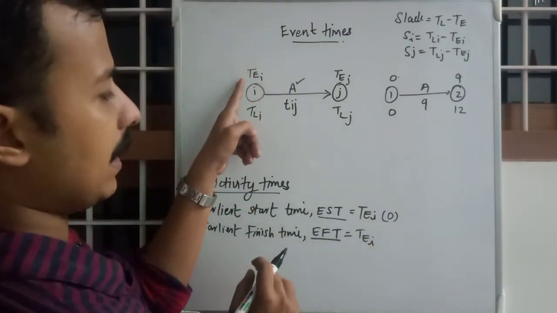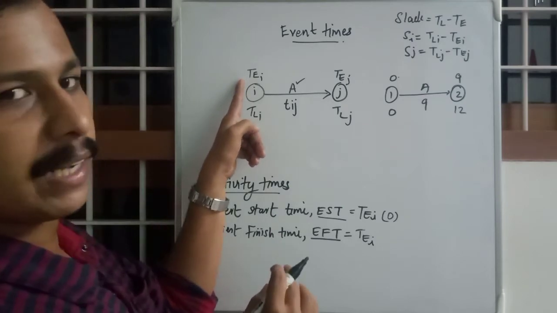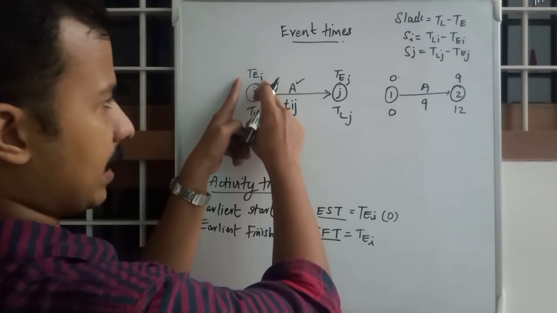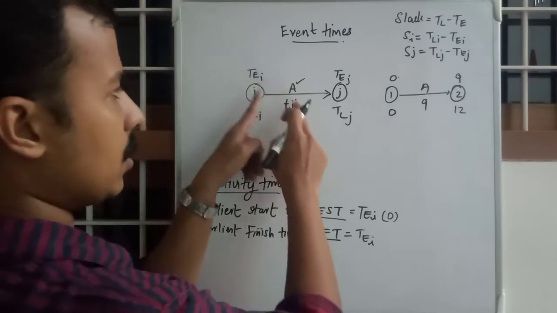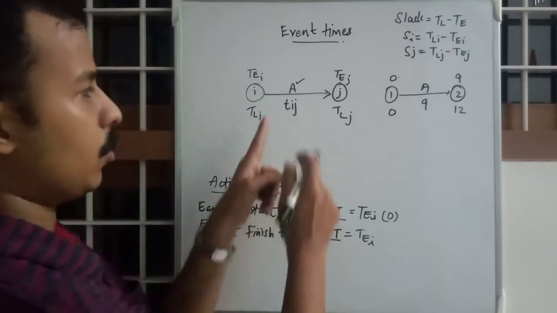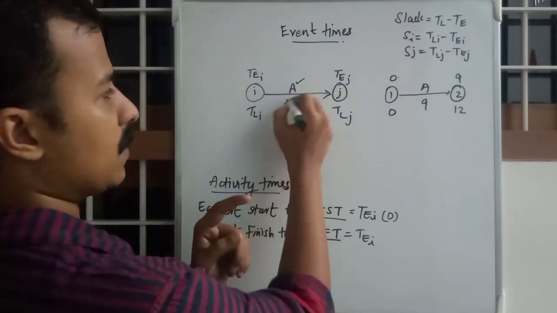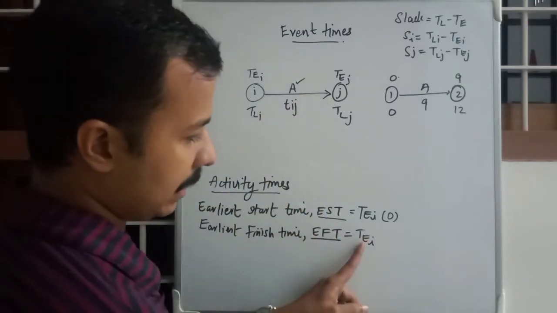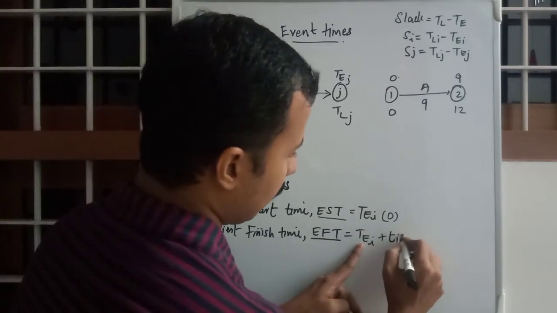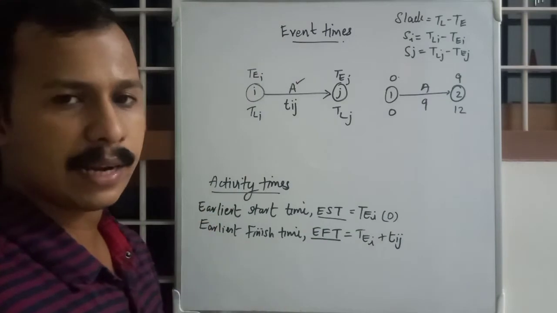You know the earliest start time, so the earliest finish time is the earliest start time plus Tij, the duration of that particular activity.